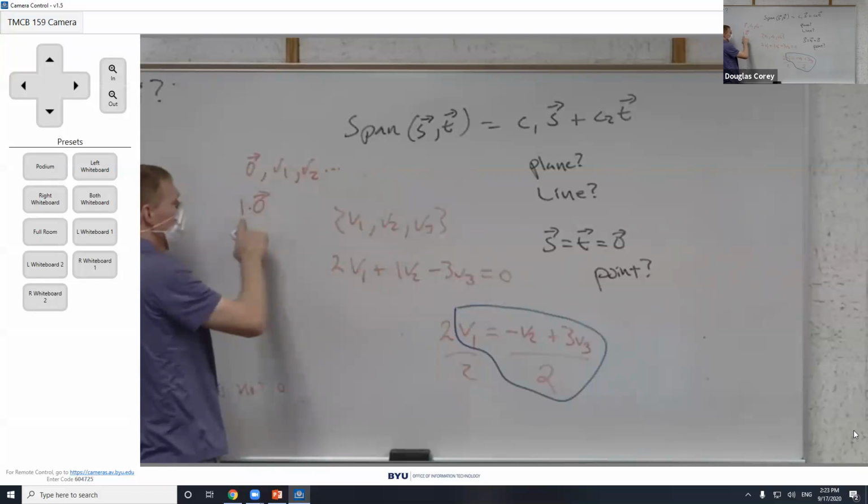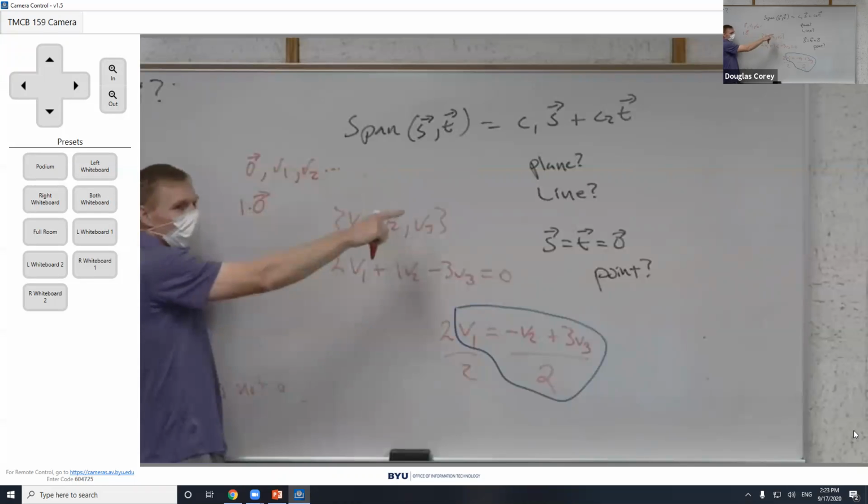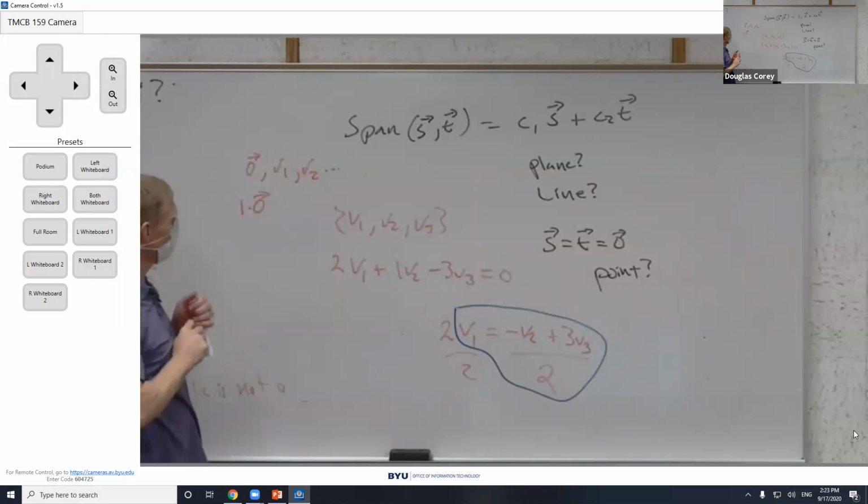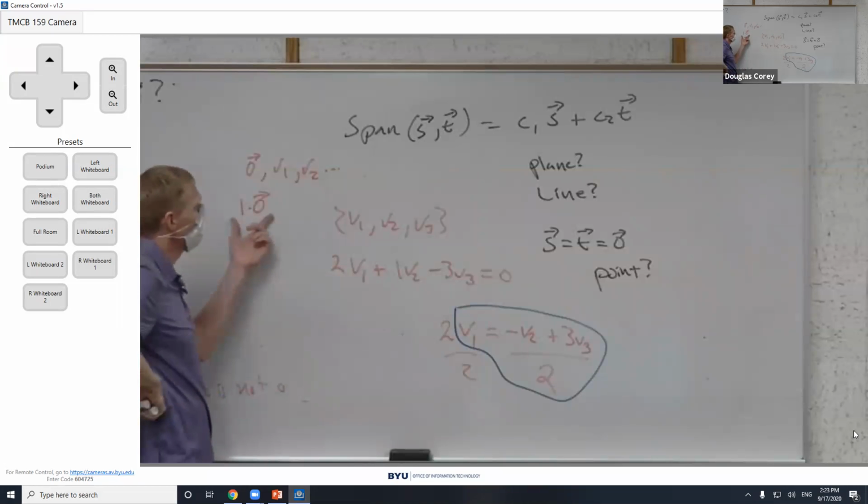I don't have to make this one 0, even though they still all equal 0. So yes, if you've got 0 in there, then it's always a linearly dependent set.